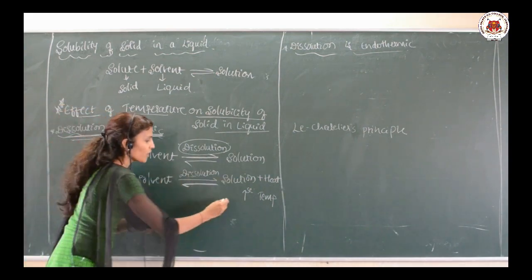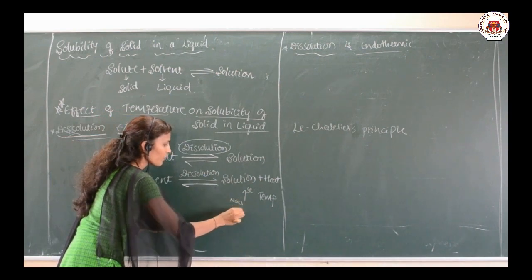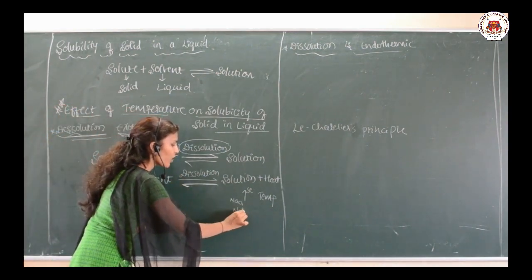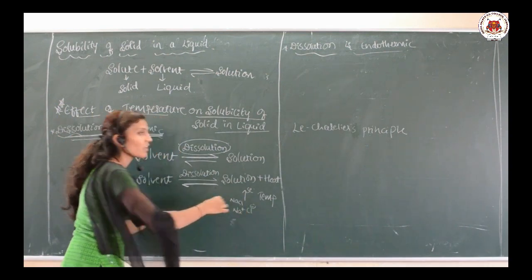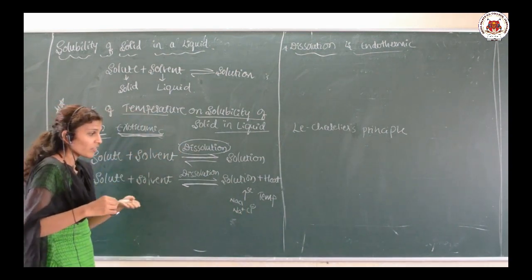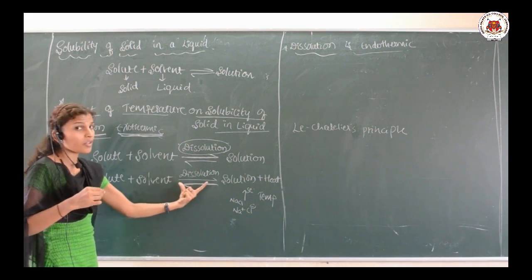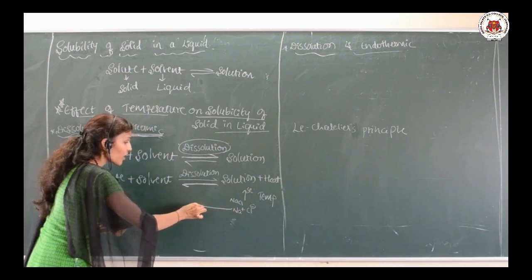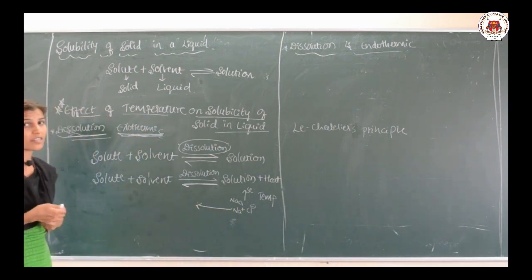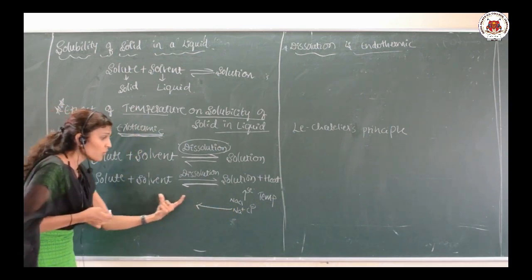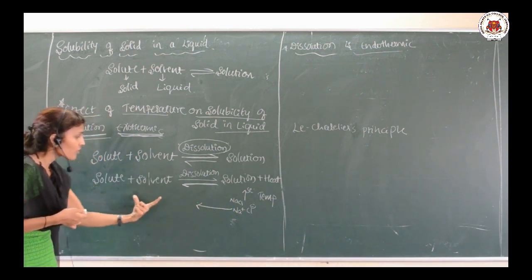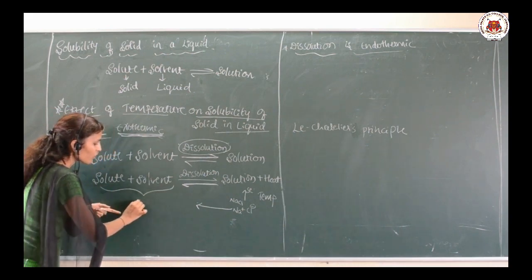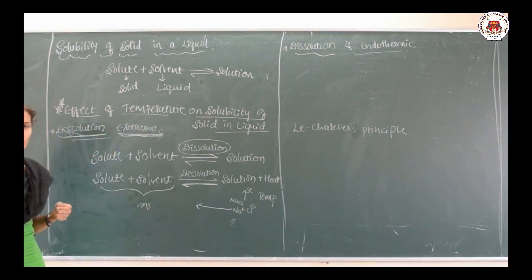For example, in the solution NaCl is there. As I am increasing the temperature, there is a formation of ions like Na plus and Cl minus. The equilibrium is not ready to accept it. So what it makes? It tries to send these ions towards the reactant side. But in the reactant side ions are already there.